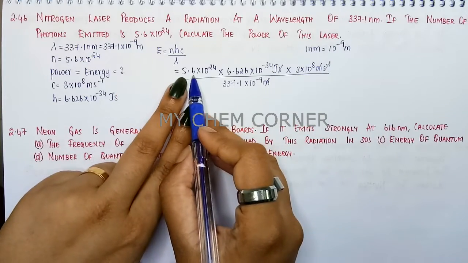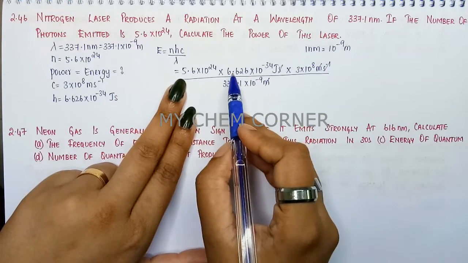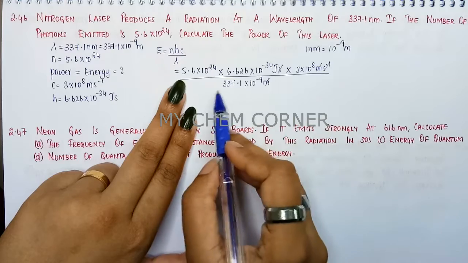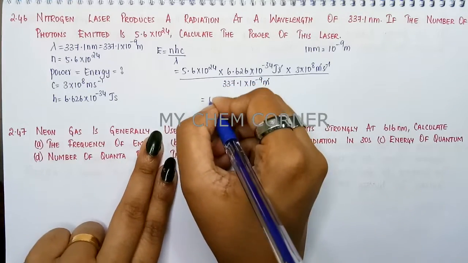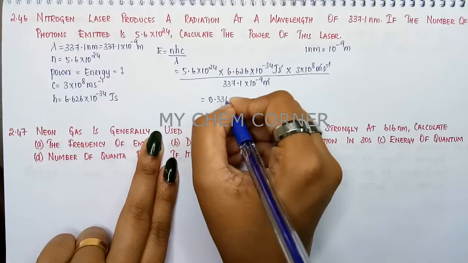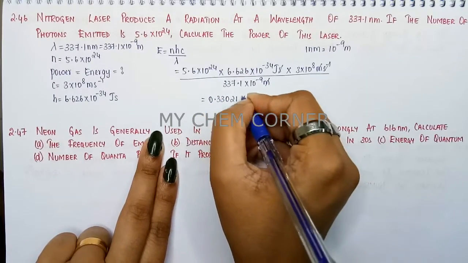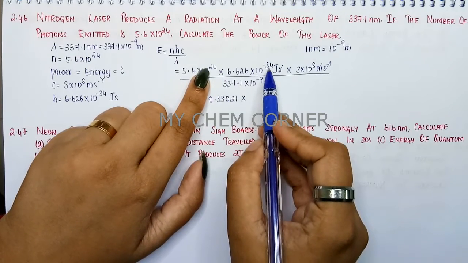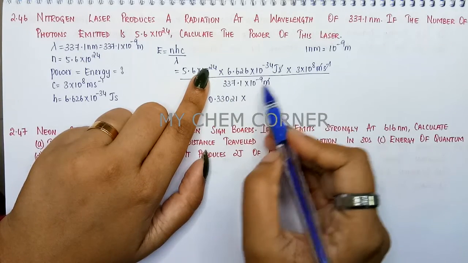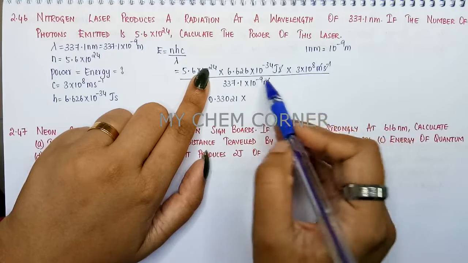Now 5.6 into 6.626 into 3 divided by 337.1, the value is going to be 0.33021 into 10 to the power 24 minus 34 plus 8. When this minus 9 goes up, it will become plus 9.